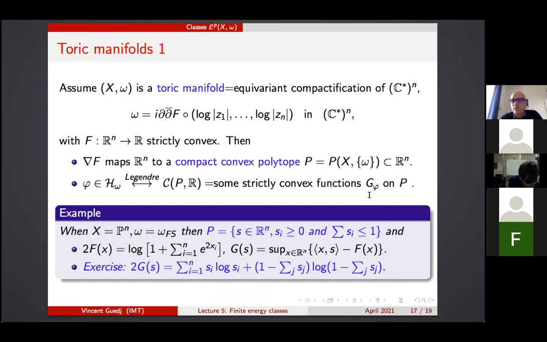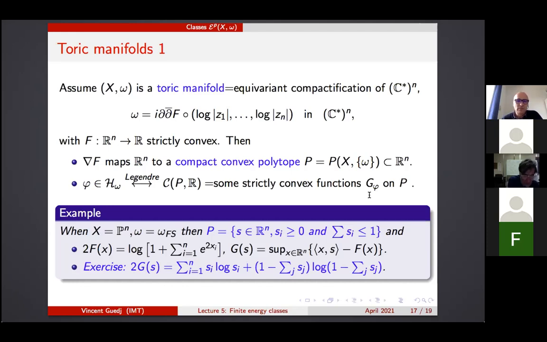So g of s is plus infinity outside of the simplex, and it is 1/2 of the sum of s_i log s_i plus (1 minus sum s_j) log(1 minus sum s_j). And this is a special case of a beautiful general formula of Guillemin, but it is so explicit that I leave that as an exercise right here.